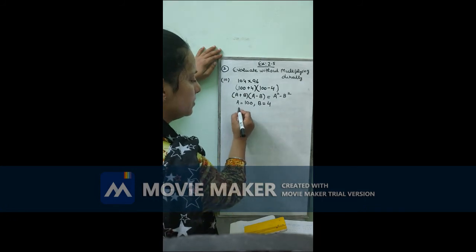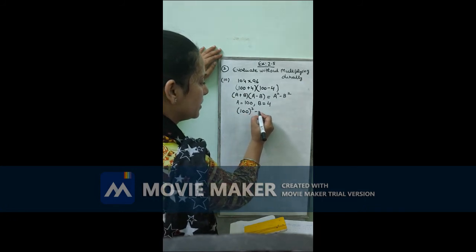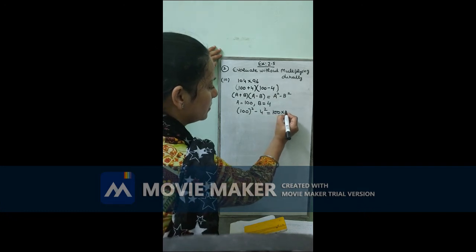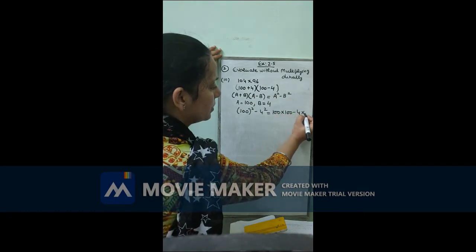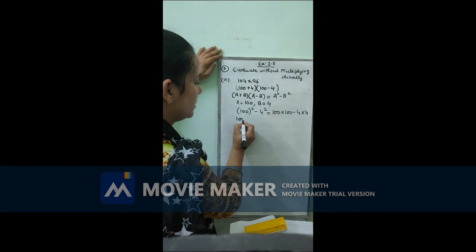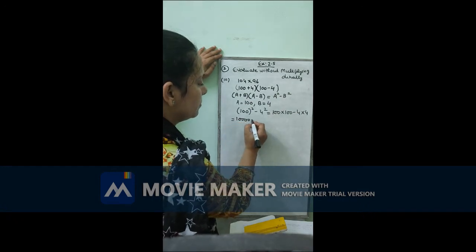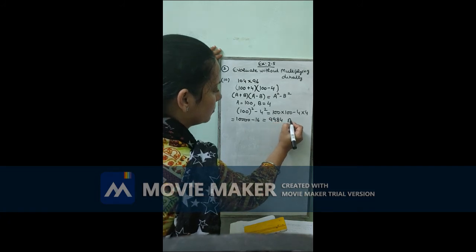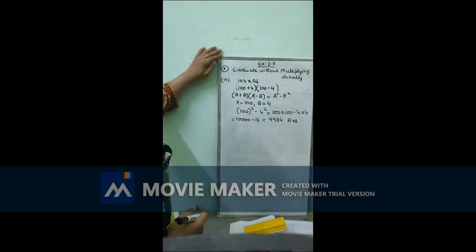What will be the answer? 100 square minus 4 square. 100 square is 100 into 100, 4 square is 4 into 4. Your answer will be 10,000 minus 16, 9984. Clear? We will not multiply these two numbers directly. We will find the answer by using identity.